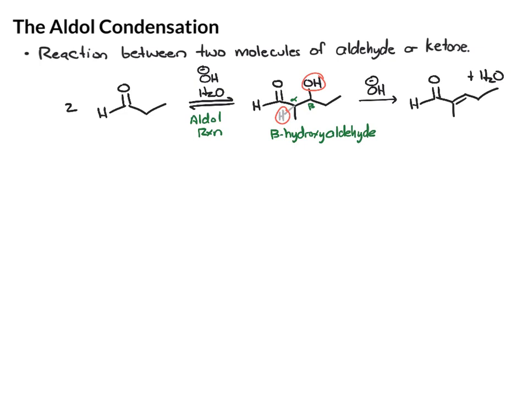And the product here, now we have a double bond between the alpha and beta carbons. So this is an alpha beta unsaturated aldehyde. And because the second step is where we lose the small molecule, that's kind of the condensation portion.